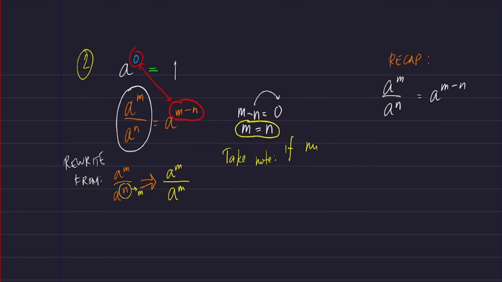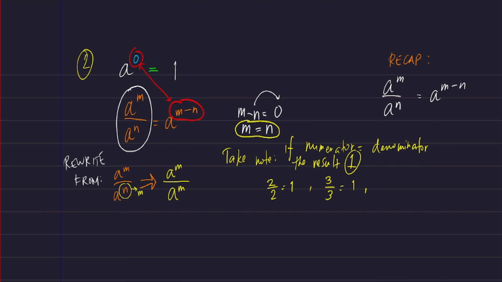if numerator is equal to the denominator, then the result will always be equal to 1. Halimbawa, 2 divided by 2, yan ay equal sa 1. 3 divided by 3, this is also equal sa 1.